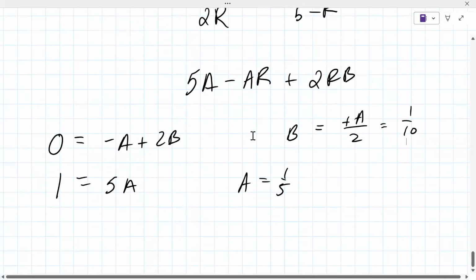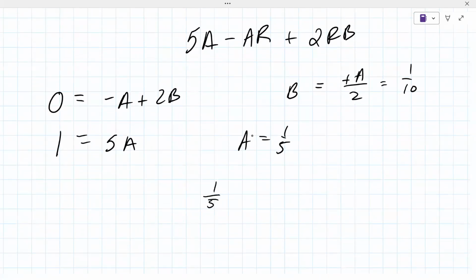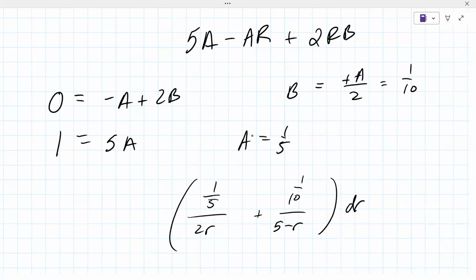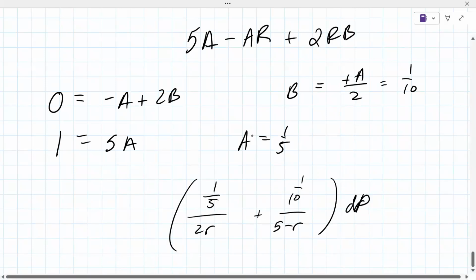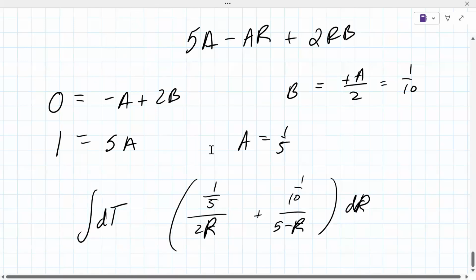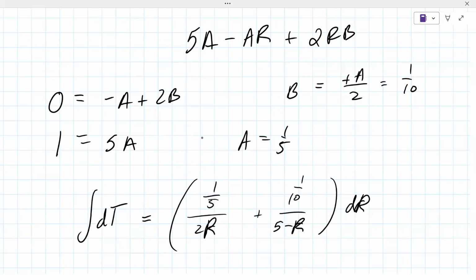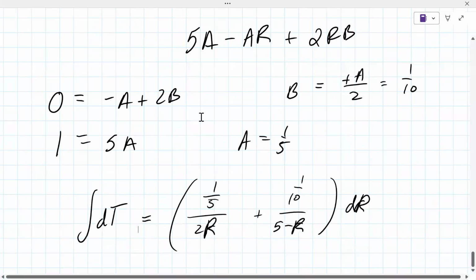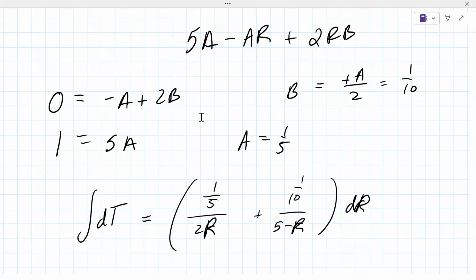So you've got 1/5 over 2r plus 1/10 over 5 minus r, dr, and then capital R. Oh, I would switch to lowercase. And then the integral of dt on the left. Does this look familiar at all? Yeah. All right.